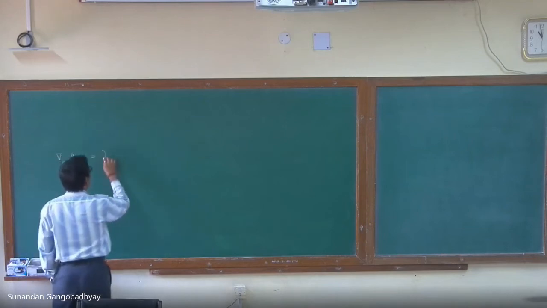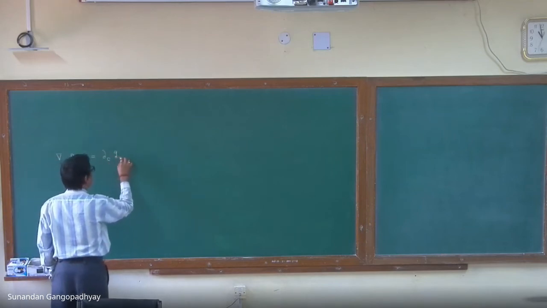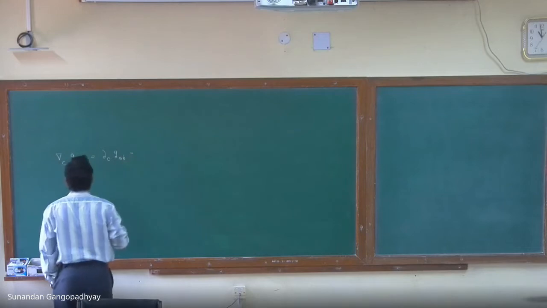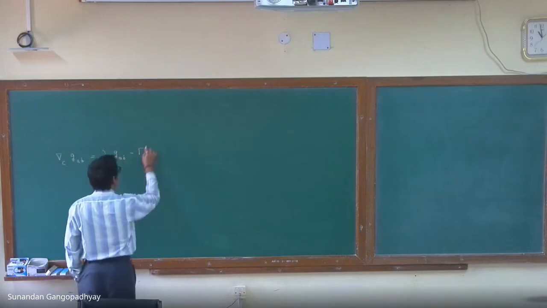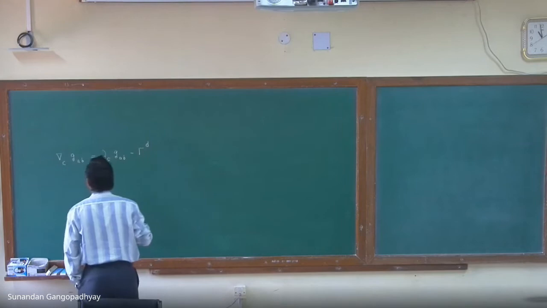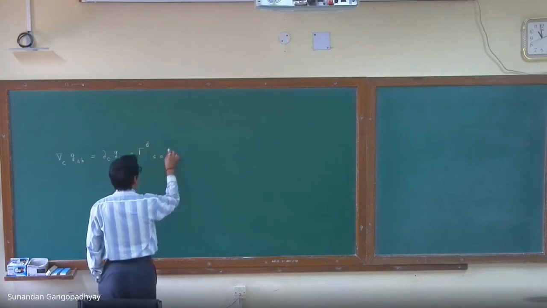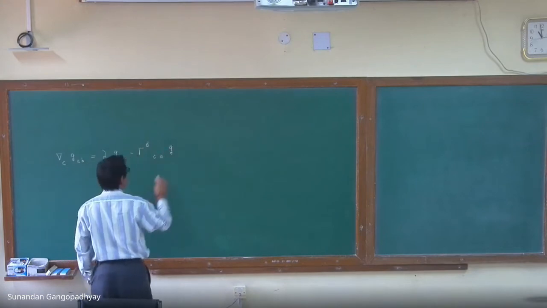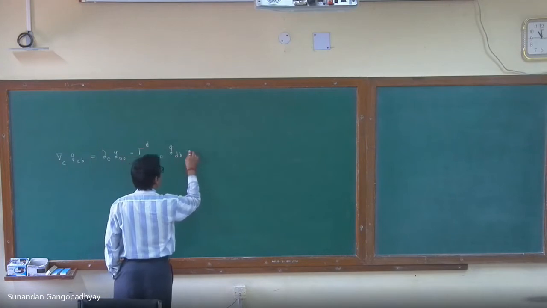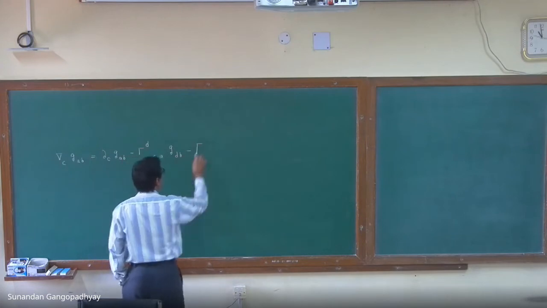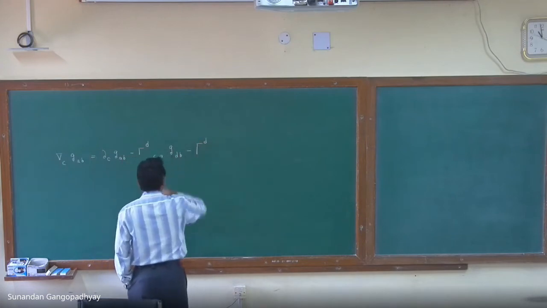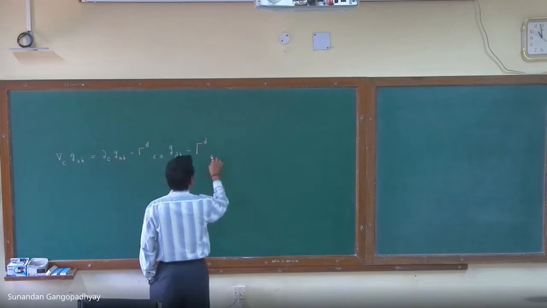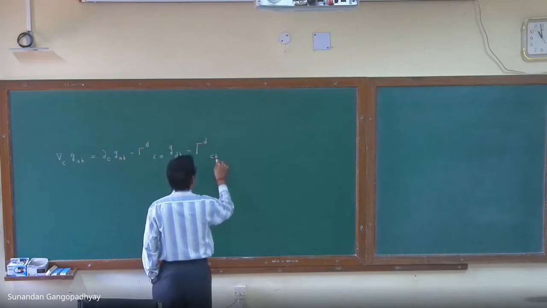So this you can immediately write down as grad_D g_AB minus gamma terms.